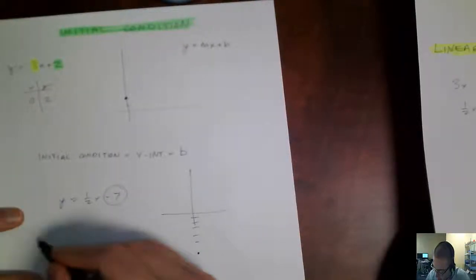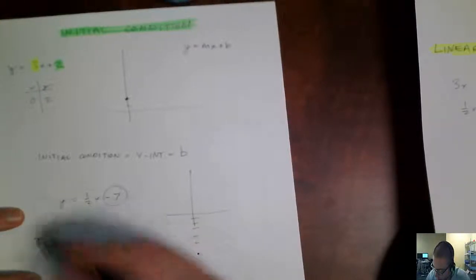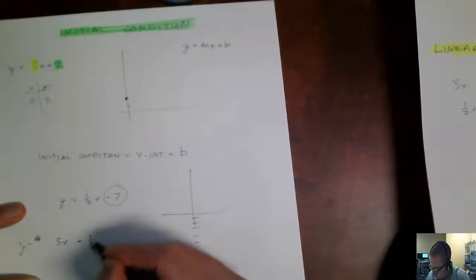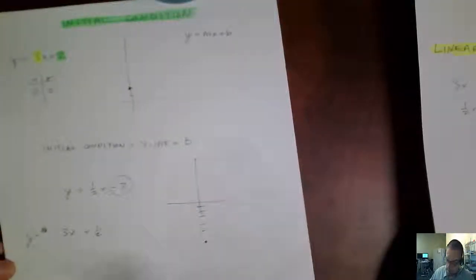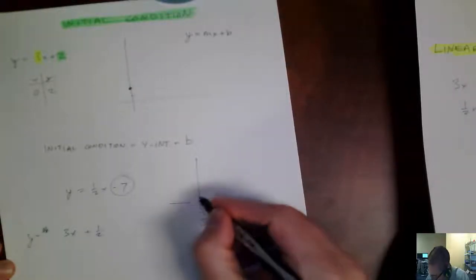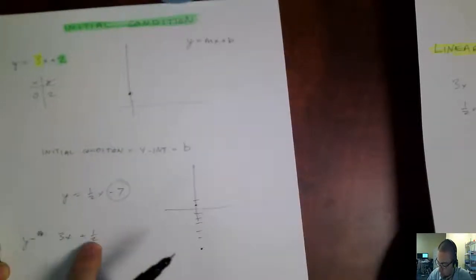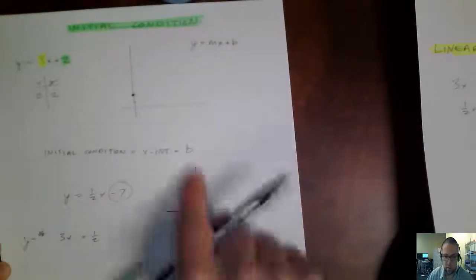If I see y equals, I don't know, 3x plus 1/2, right? I see this half, and I know immediately that it crosses the y-axis at 1/2. So that's all it is, it's the number by itself, and it tells you where it crosses this y-axis.